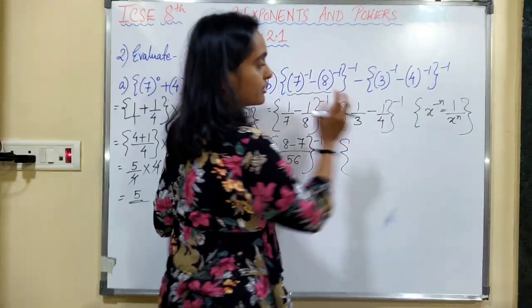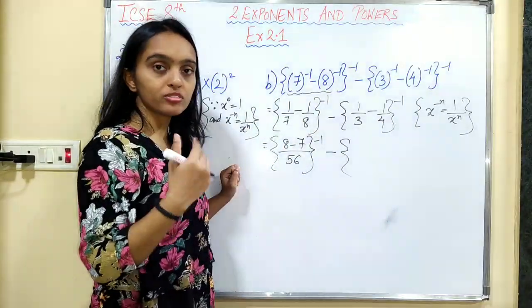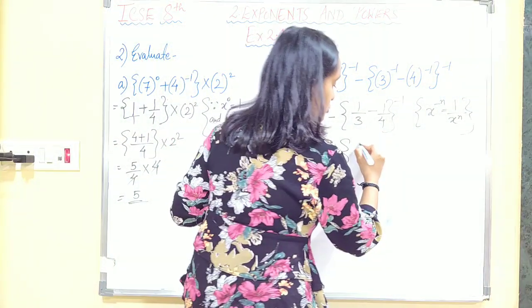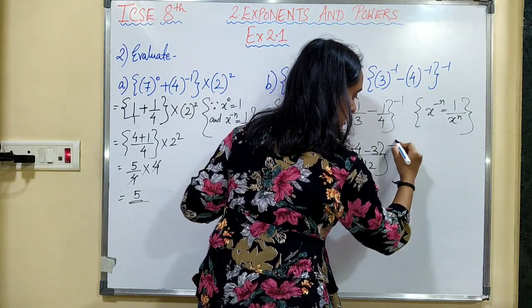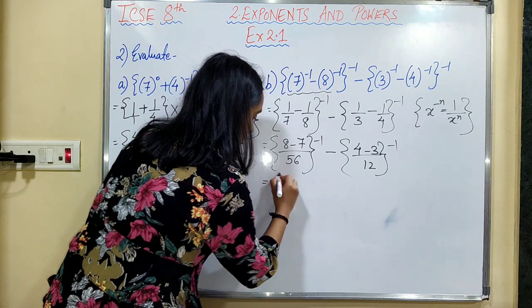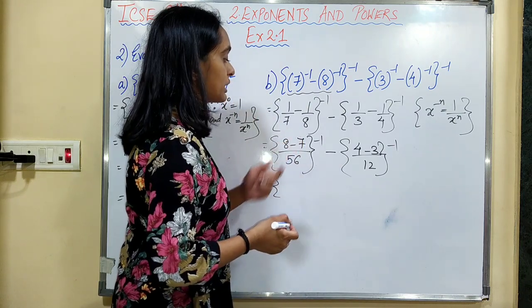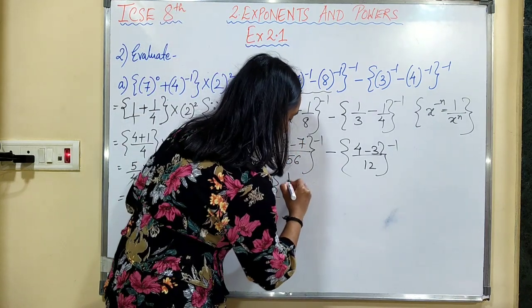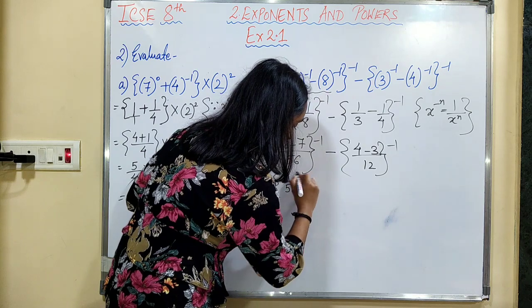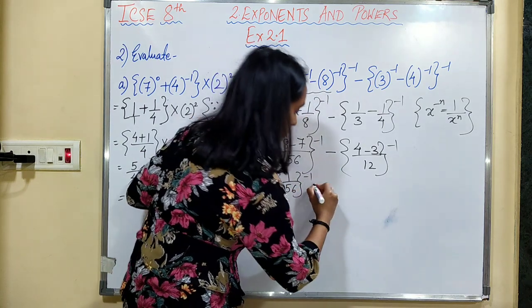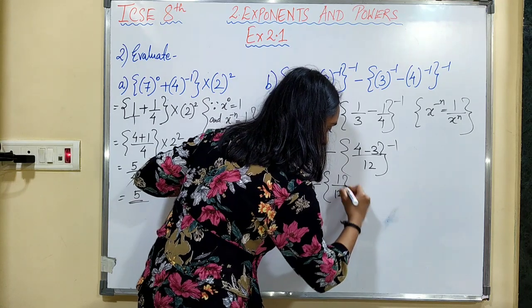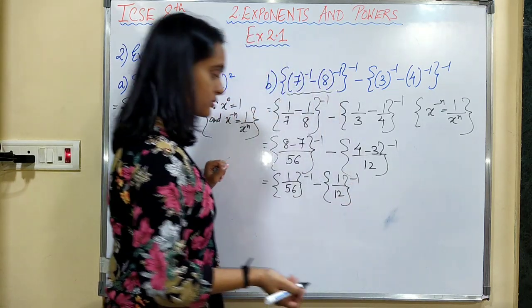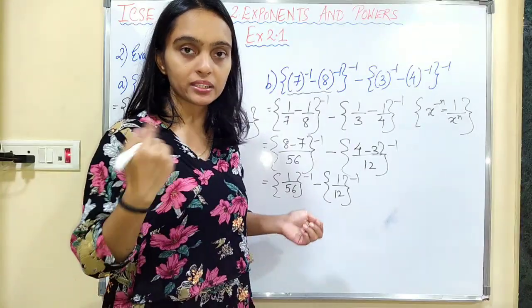Inside this bracket again we will take the LCM. So LCM of 3 and 4 is 12. So 4 minus 3 upon 12 raised to minus 1. Now we get 8 minus 7 is 1 upon 56 raised to minus 1, minus inside this bracket 1 upon 12 raised to minus 1. Now the simplification of the brackets is over.